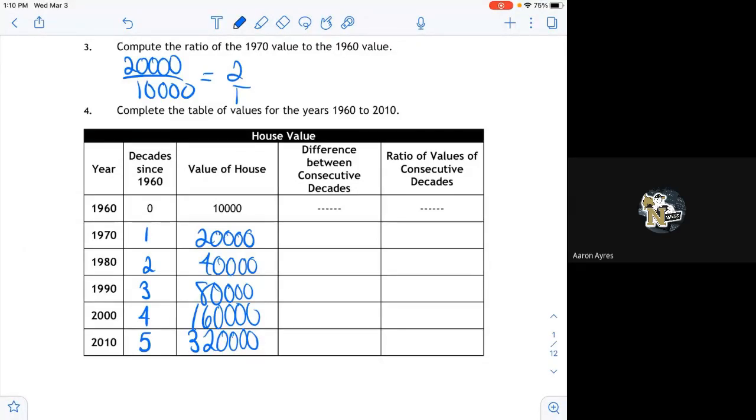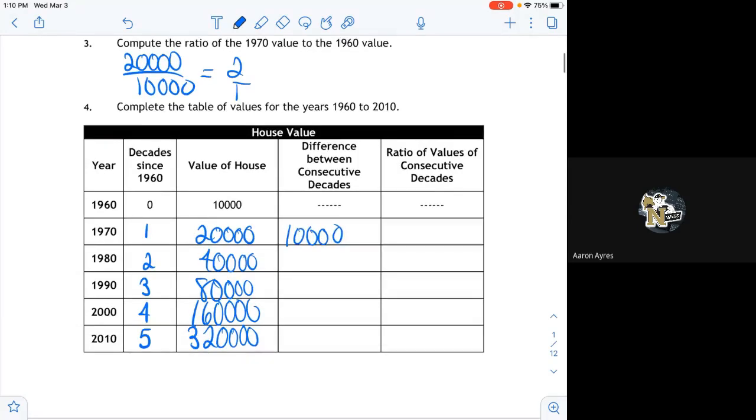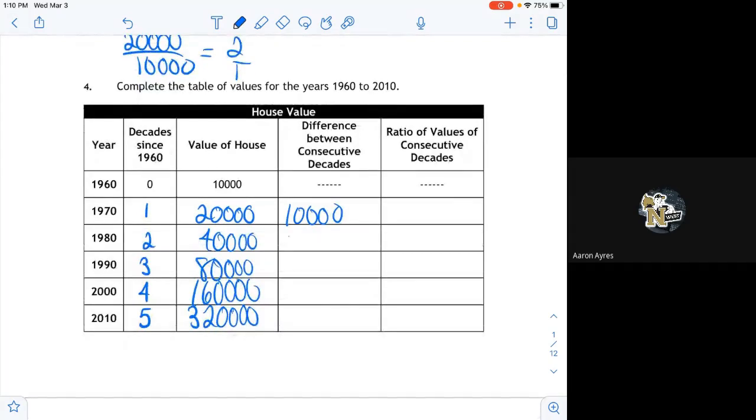Well, check this out. 20 minus 10 we just did. 10,000, right? Then 40 minus 20. 80 minus 40. 160 minus 80. And then finally, just another pattern, correct?